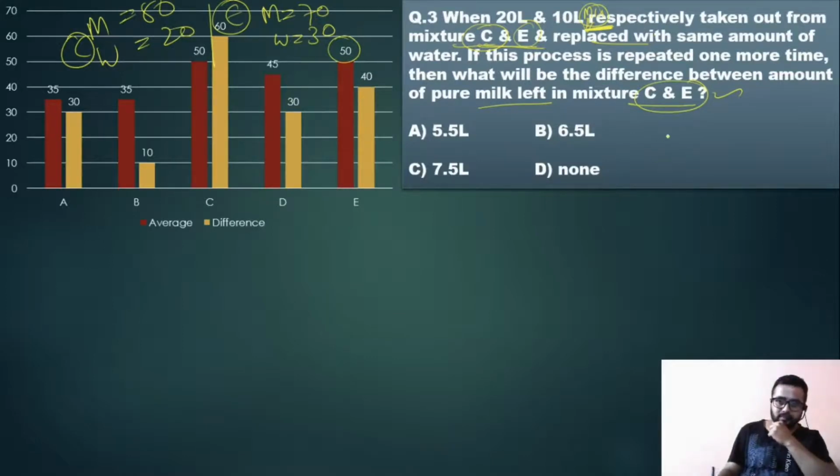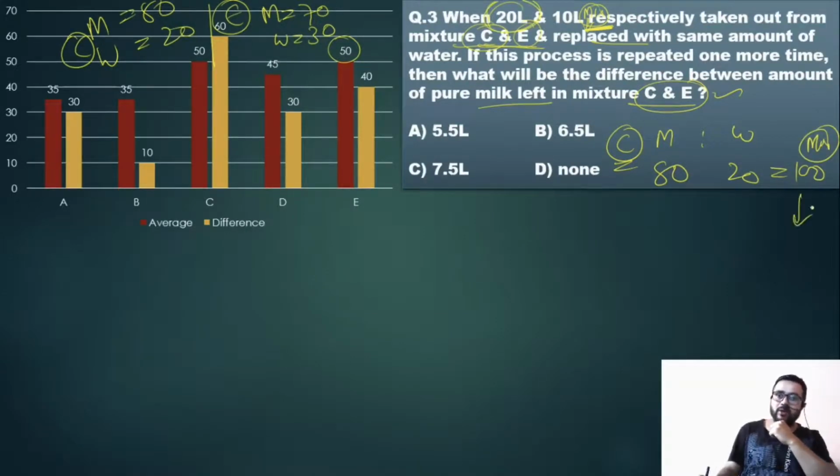See here, this milk and water: milk is 80 and water is 20. For C, I am telling you this. So what will be your mixture? Mixture will be 100. Now you are removing 20 liter. This 20 liter is how much of this 100? So you will say, sir, 20 upon 100. This is 1/5 part.